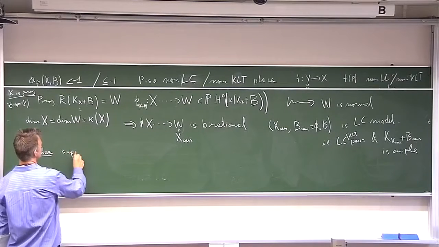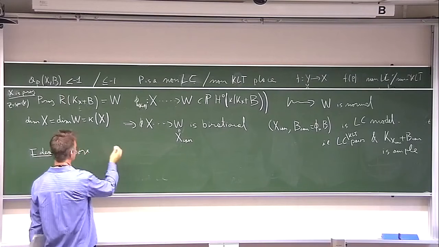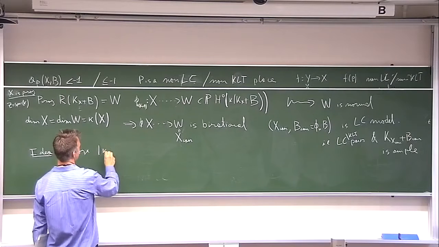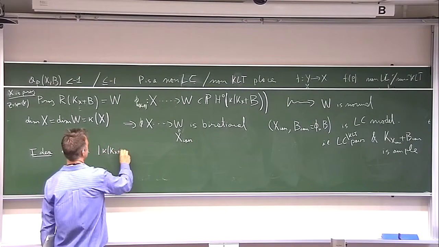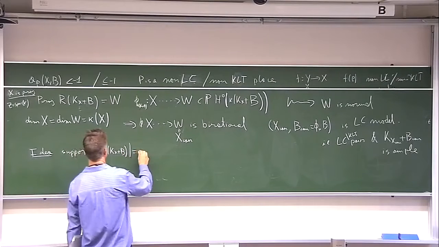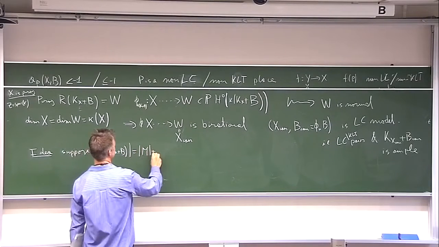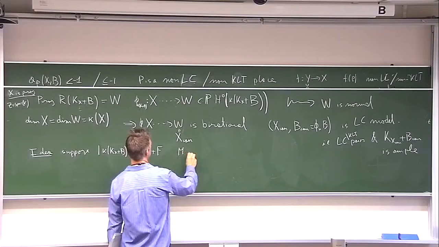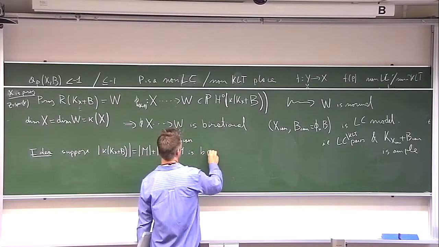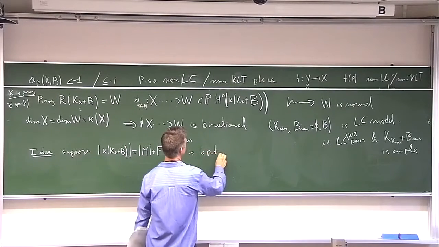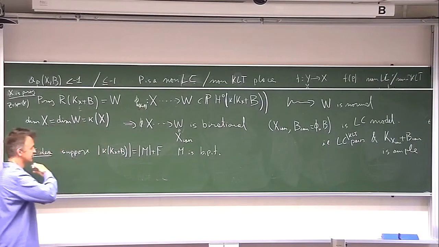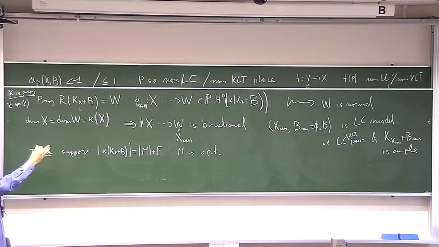Let's suppose, and you can easily fix it in the proof, that K_X plus B is base point free. There's a moving part plus a fixed part, where the moving part is base point free. Being base point free means that the sections of the corresponding line bundle have no common zeros.